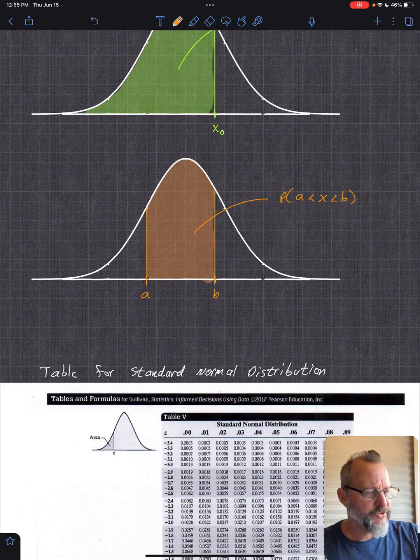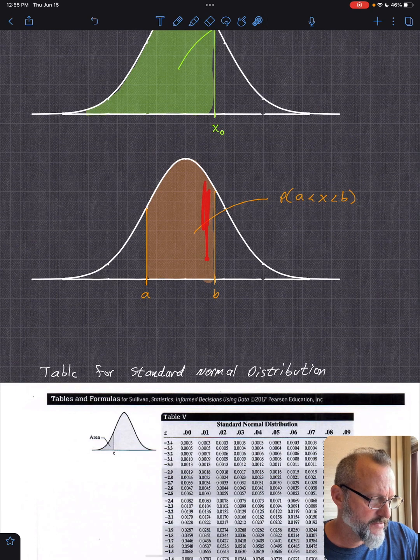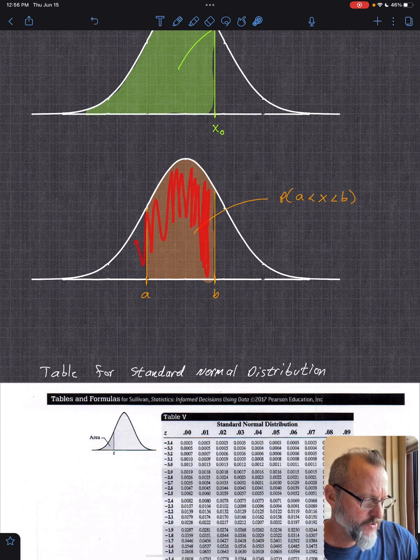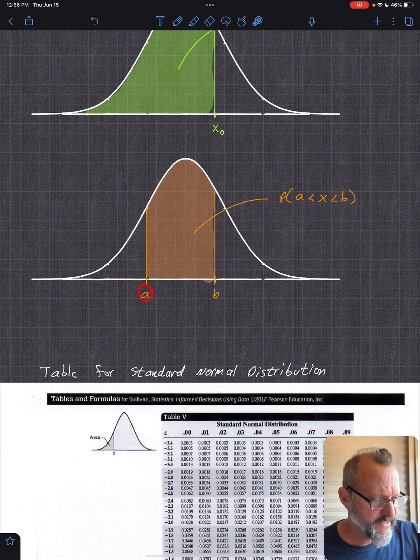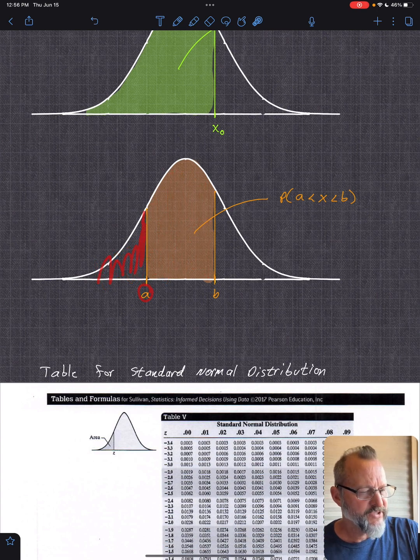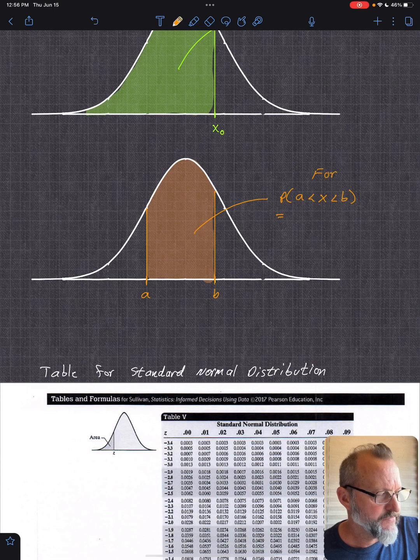And so what you do, and I'm going to show you the numbers here in a second, is you look up the table and you find this total area, like that, and then you subtract off whatever that says. So what this actually equals then, this is for the tabulated z-score.